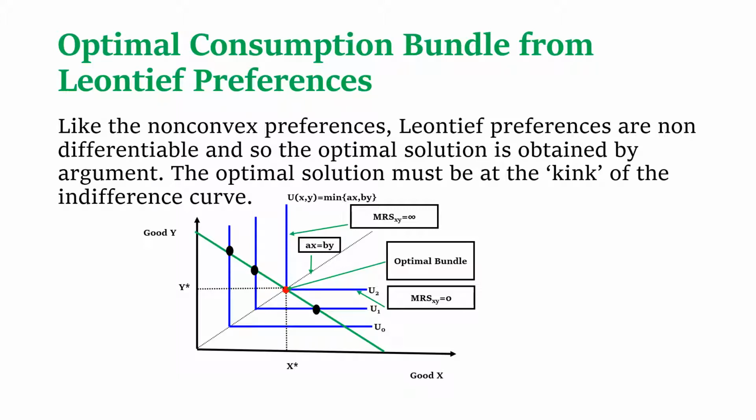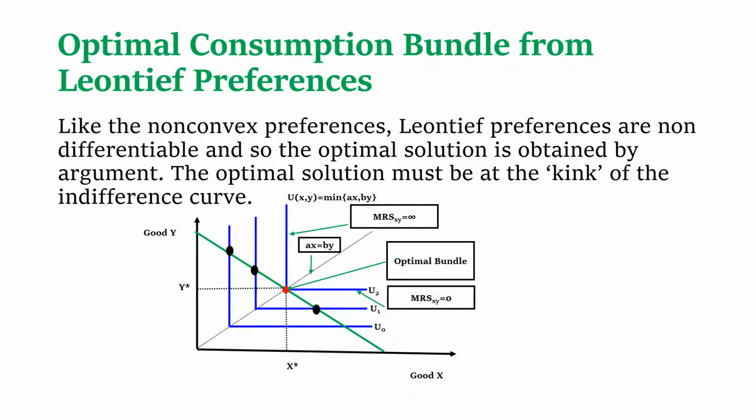So if we look at the diagram here, the L-shaped indifference curve, we notice that U0 is the lowest indifference curve. U1 is a little bit higher than U0, and then U2 is the highest indifference curve. So that is the most preferred indifference curve for this particular consumer, because it is higher than the other two indifference curves.